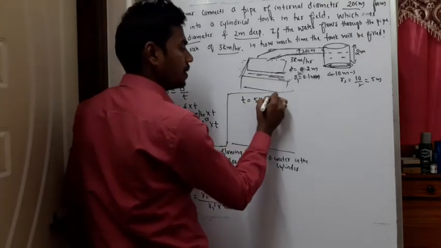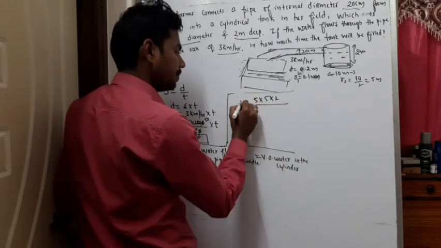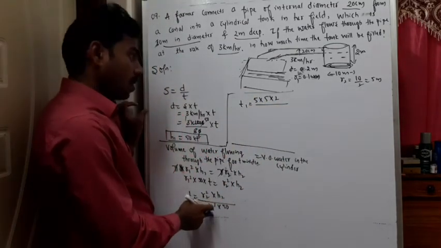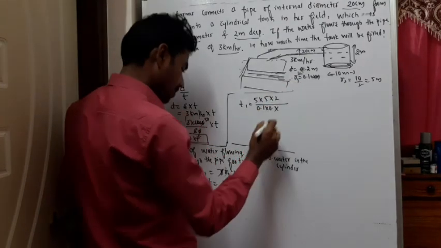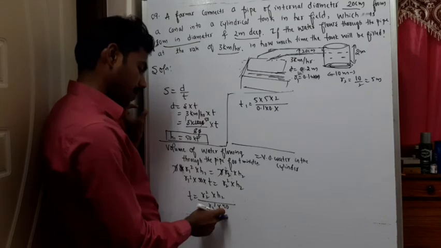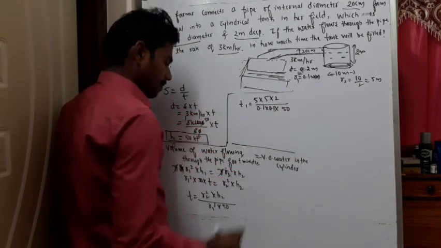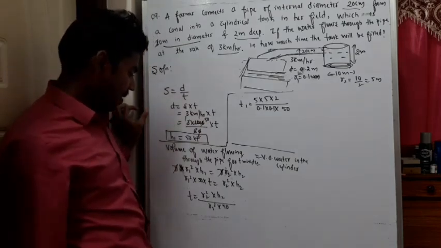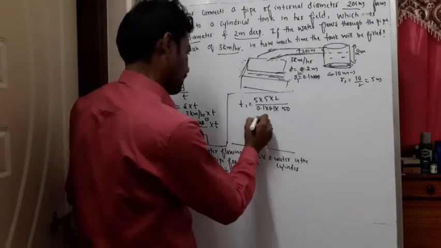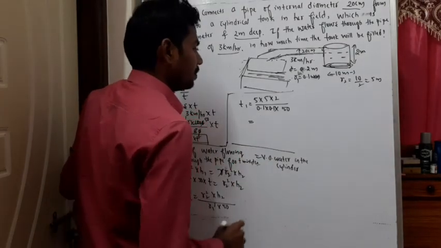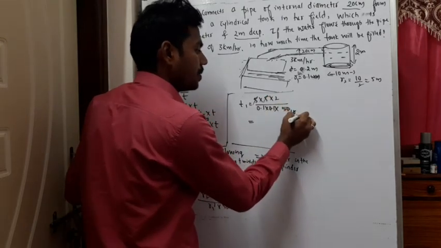What is H2? H2 is 2, divided by R1, which is 0.1, so 0.1 into 0.1 into 50. Apart from this, anything there? No. 5 ones are 5, 5 fives are 25, 2 ones are 2.